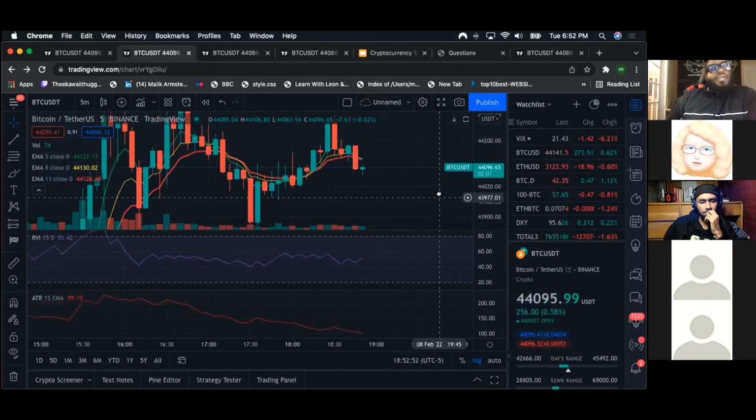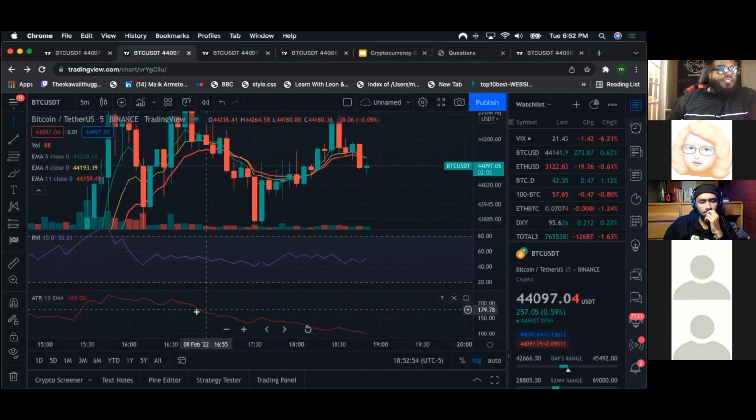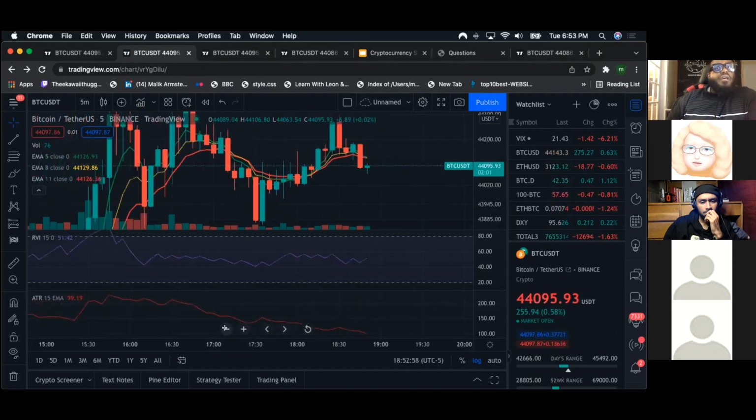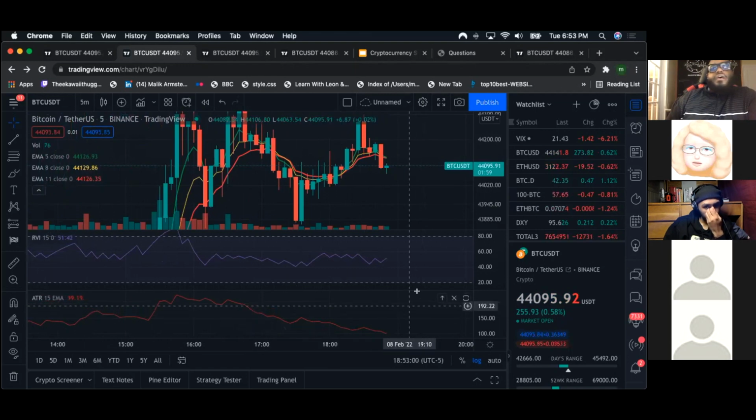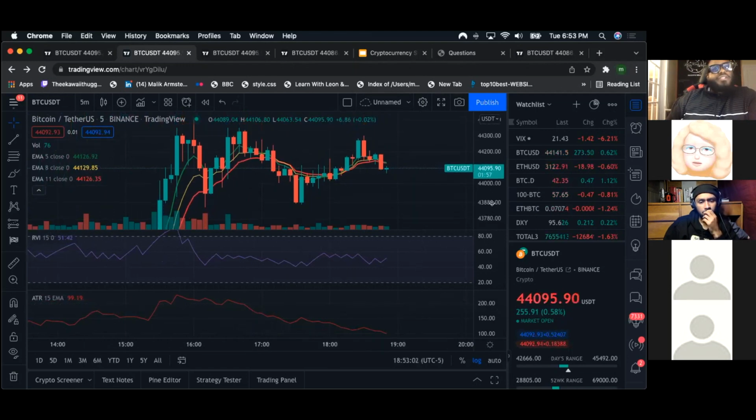Okay, so what are we looking at now? We're looking at the 5 minute chart right now, and we have 3 moving averages on there: the 5 EMA, the 8 EMA, and the 11 EMA.